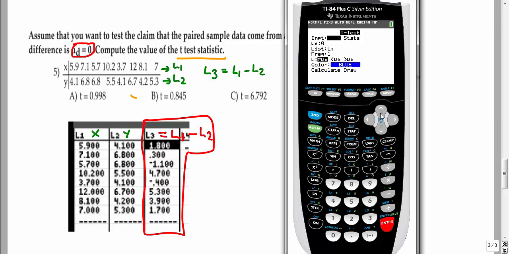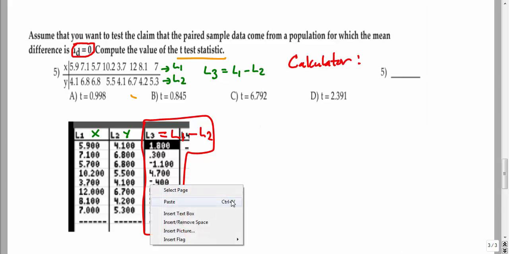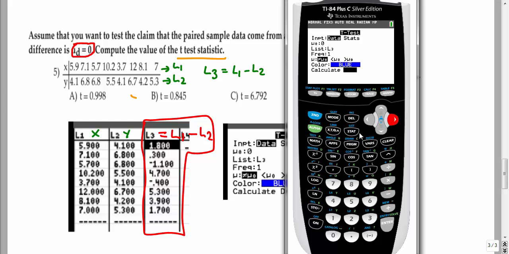The not equal to case is what I'll choose next for my null and alternative hypothesis. Then I'll choose calculate. Let's put this in our lecture quick so we can see the steps that we're taking here. Then hit calculate, and we'll look at our summary values.